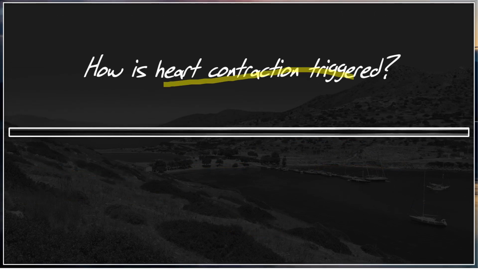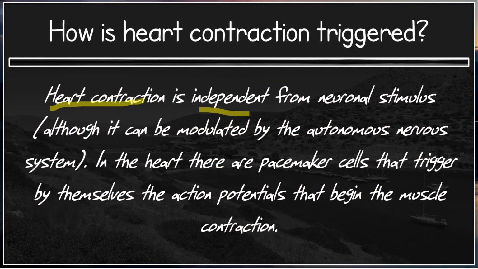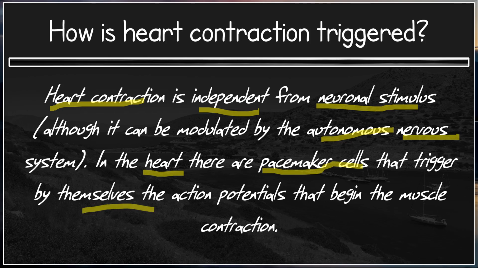How is heart contraction triggered? The heart contraction is independent from the nervous stimulation, although it can be modulated by the autonomic nervous system. In the heart, there are pacemaker cells that trigger by themselves the action potential that begins the muscle contraction.